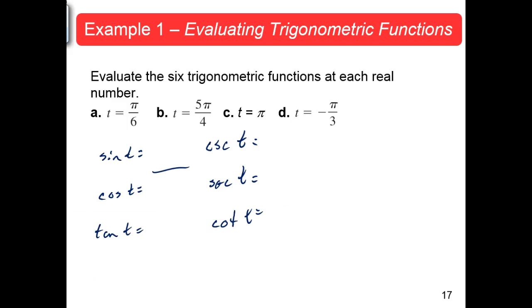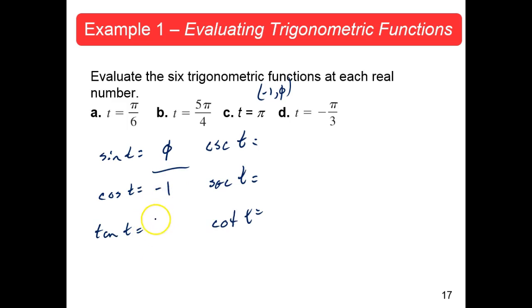T is equal to pi. Negative 1, 0. Got it. So what's your sine t? Sine of pi? Someone said 0. Cosine pi?